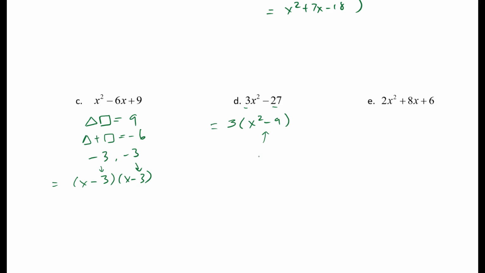If I can find two numbers that multiply to negative 9 but add to 0, we can see that 3 and negative 3 will fit that bill. So to finish factoring this, we get 3 times x minus 3, x plus 3.